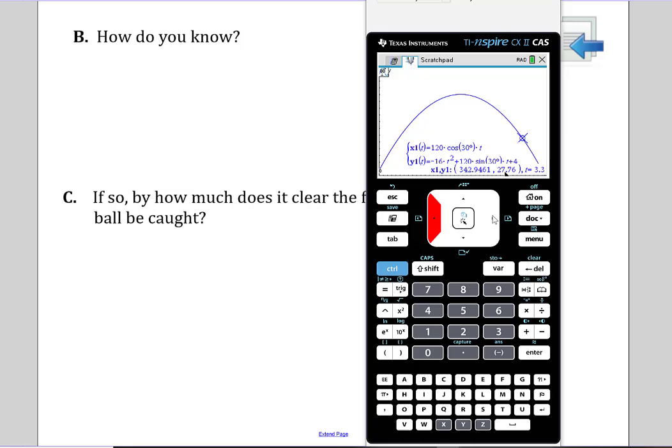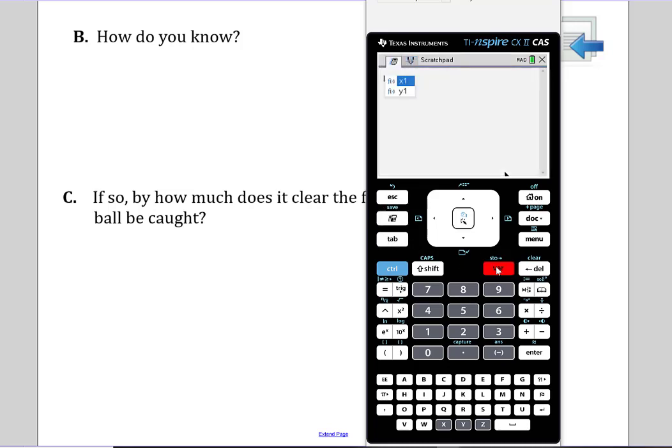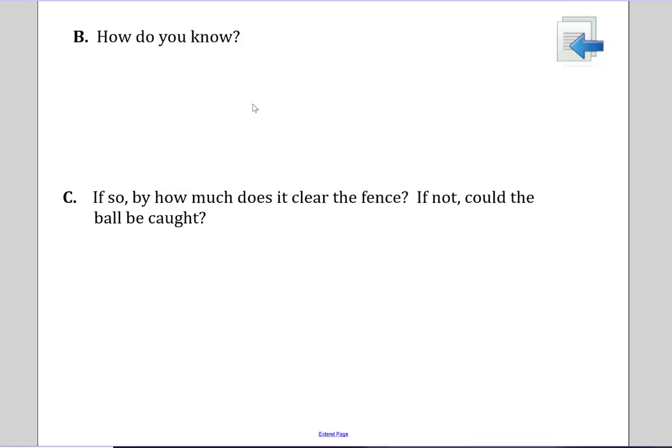So it appears like the ball's going to hit the wall. So I want to look at y at about 3.37 seconds. I believe I figured that out. So right about 3.37 seconds, the ball is 24.5 feet high. And if the wall is 30 feet tall, then the ball's going to hit the wall.